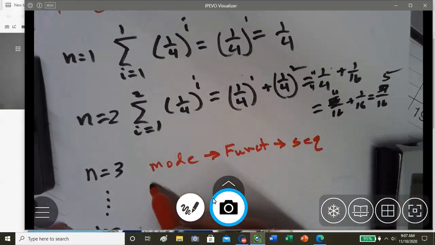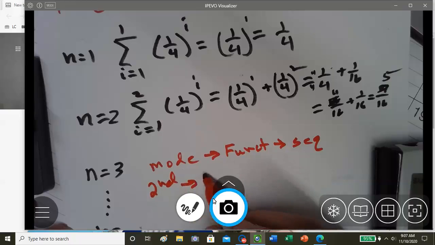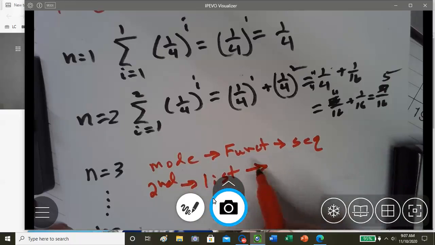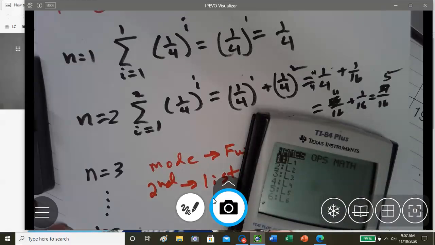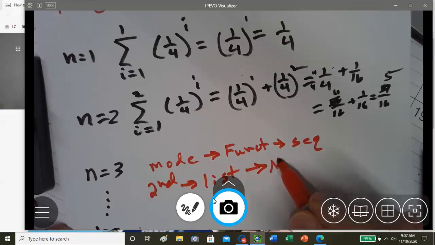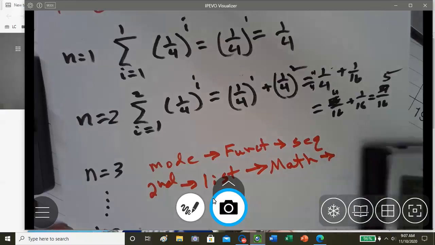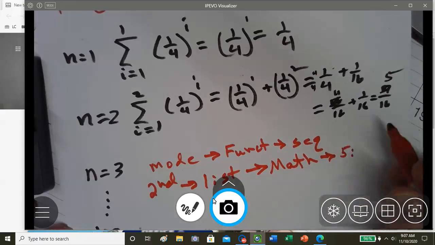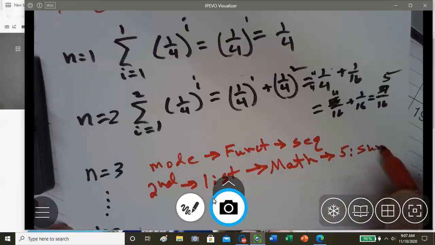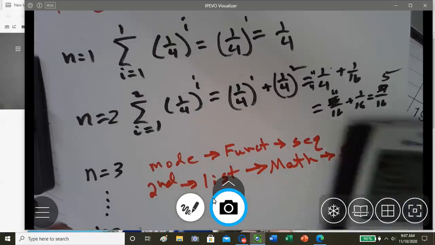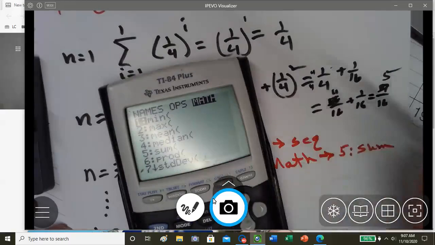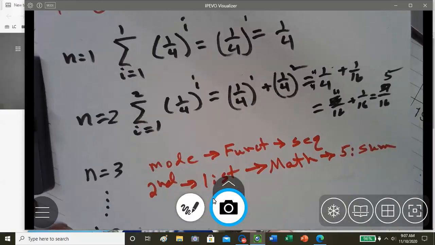Again, that's going to be second and list, and then from math we're going to go to 5 and sum. You could also cursor down to that and then hit sum, but I prefer to just hit the number. Okay, so this is what we've got so far.